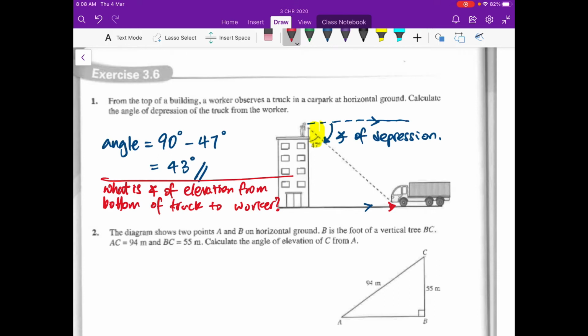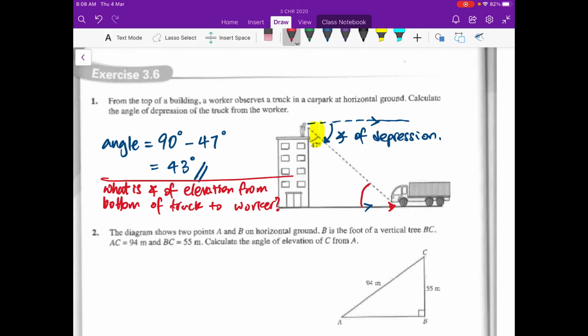43, huh? Is it 43? Yes. So you must know where the angle is first, right? The angle is over here. This is the angle. So Andre says that it is 43. Do you all agree? Why would it be 43? You can either do the Z. The Z, what is that called?